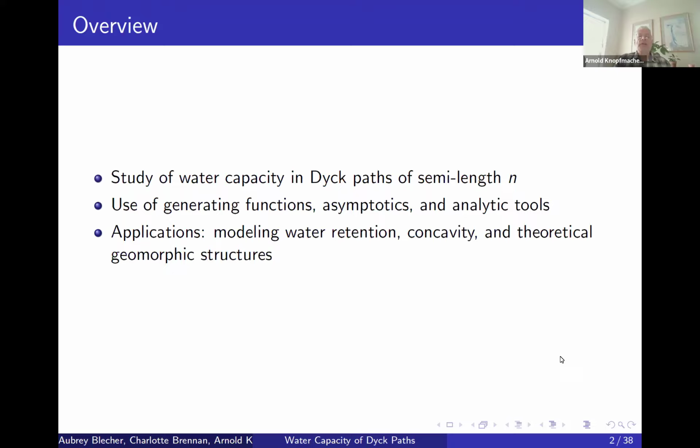And I must say up front that when it comes to asymptotics and analytic tools, I owe a great debt to a former professor, also working in South Africa, Professor Helmut Prodinger. He was at Stellenbosch, but I believe he retired maybe 3 to 5 years ago. He spent 6 years at Wits before he moved to Stellenbosch.